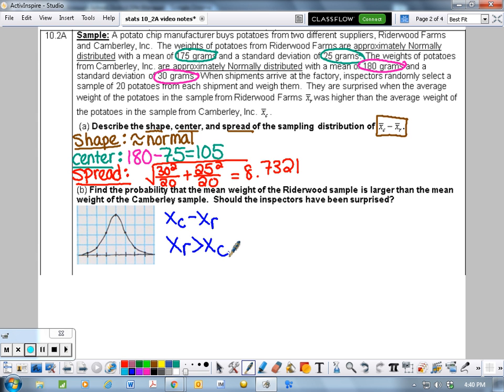So I'm kind of looking at it like, how can I change this into this? And so the first thing I'd want to do is flip this bottom one around. So now it's XC is less than XR. And then I would subtract this from both sides. So now I get XC minus XR should be less than 0. So that's what we're looking for. We're looking to see that the difference is less than 0.